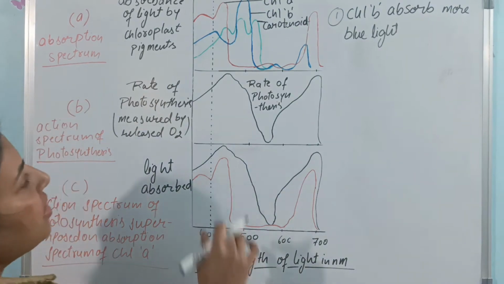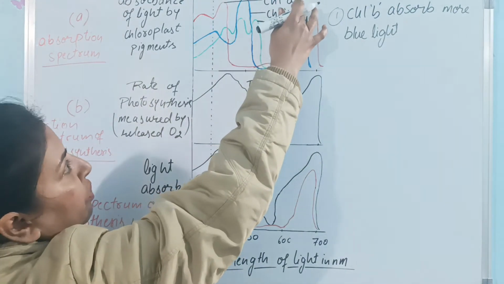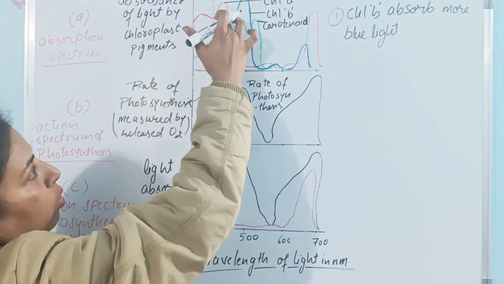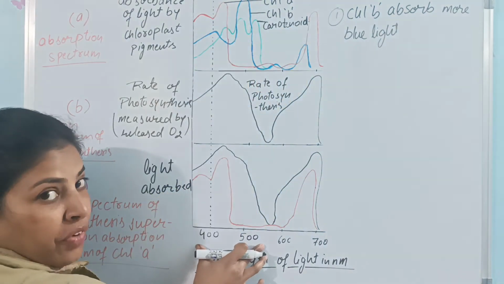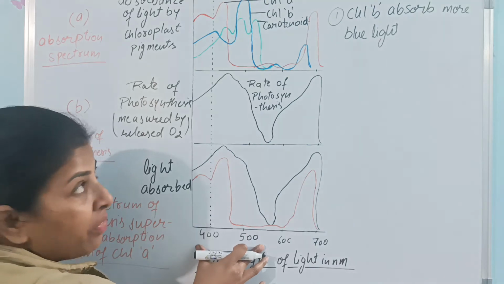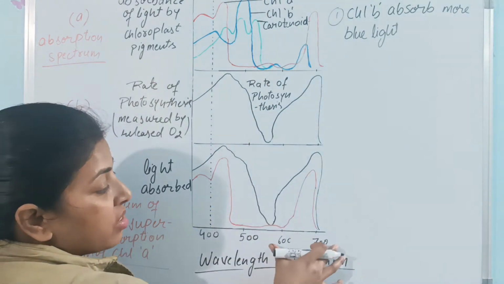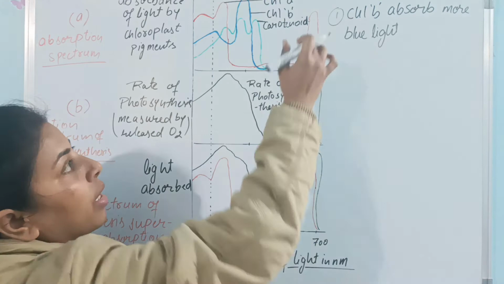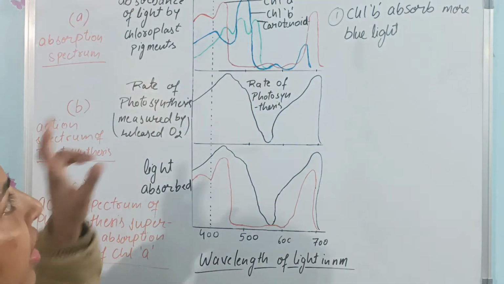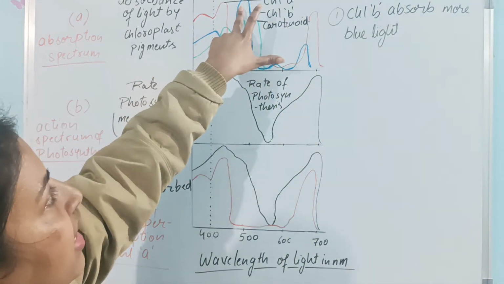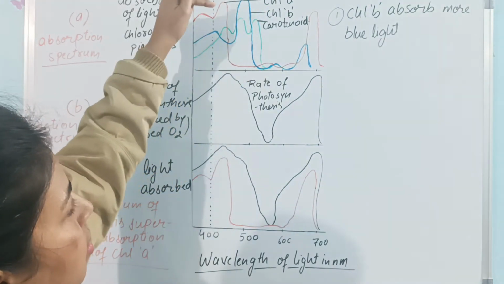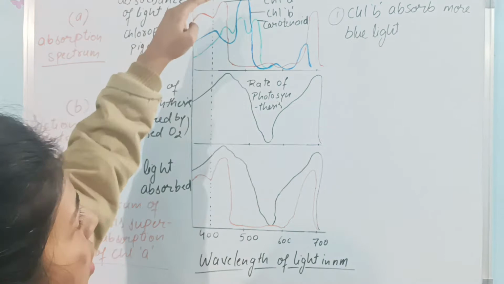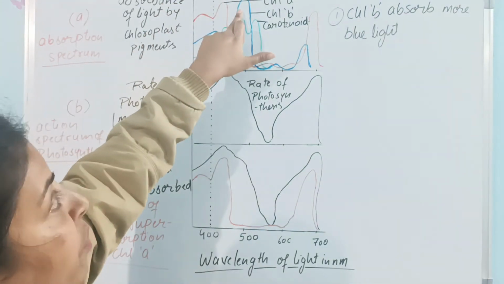The second thing we see is the red color graph, chlorophyll A. Chlorophyll A also shows two peaks. One peak is between 400 to 500 nanometer, that means in the blue wavelength, and the second peak is between 600 to 700 nanometer, that means in the red. But students, here we can see that the chlorophyll A peak in blue is lesser than that of chlorophyll B. This peak is small, not as high as the chlorophyll B peak.